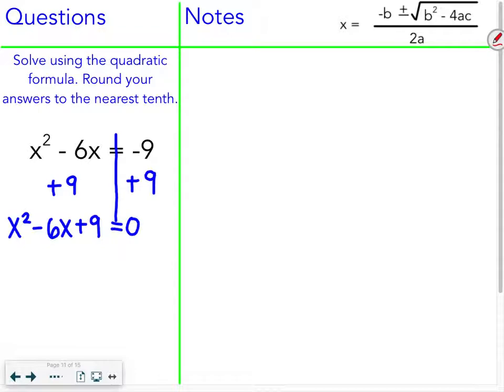My a value, once again, is 1. My b value is negative 6. And my c value is 9. Now we are going to plug it into our formula.